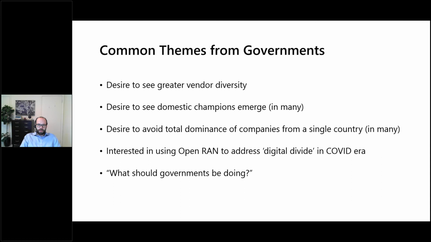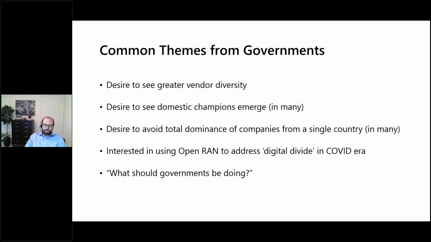Homeschooling, work from home, events like this all require internet access, and in many parts of the world, as we're all aware, internet access either is not in place or is not of a particularly high quality, and the flexibility of Open RAN architectures and how they're constructed from a technological perspective does offer opportunities to expand digital access, and for many governments that is quite an exciting prospect indeed.